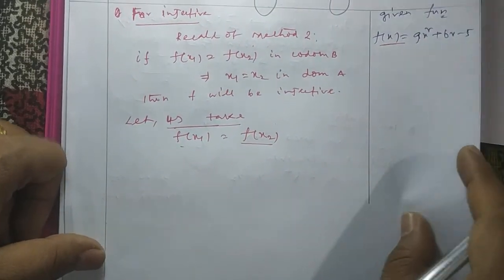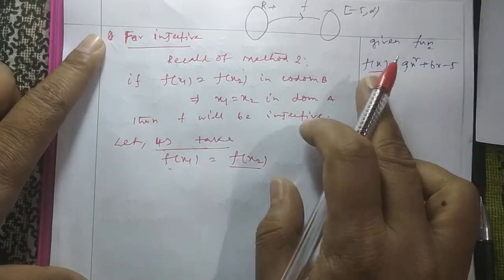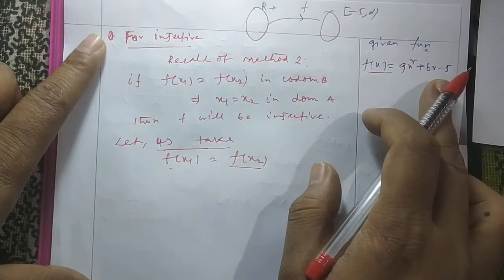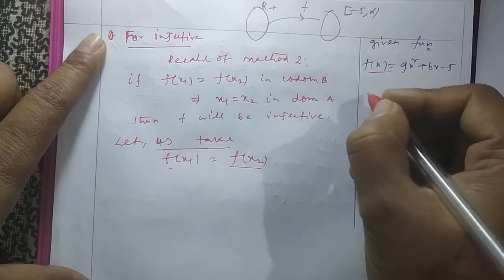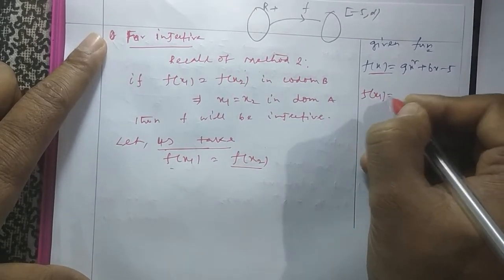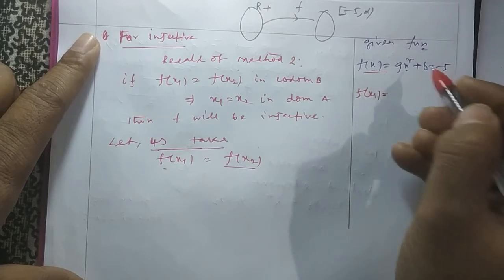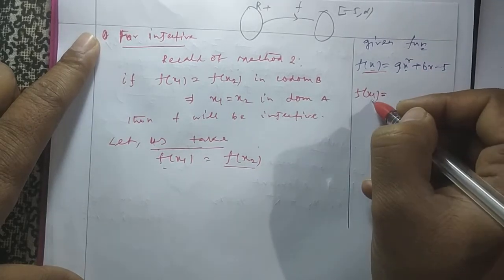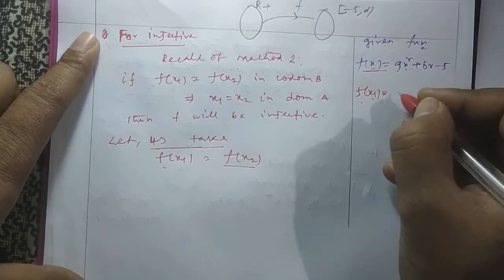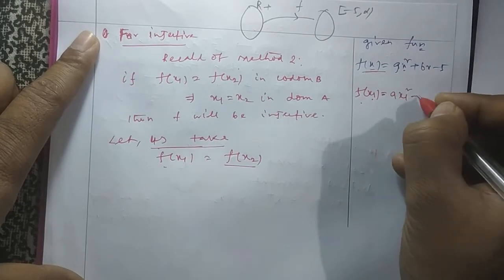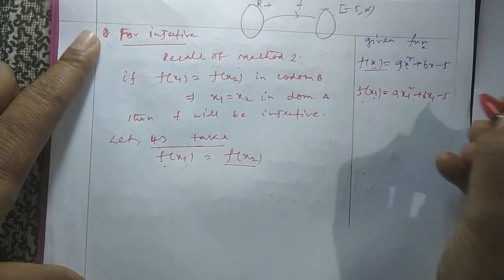Now look at the function. If f(x) equal to 9x square plus 6x minus 5, so obviously f of x1 will be simply replacing x on both sides by x1 to get f(x1). It will be 9x1 square plus 6x1 minus 5.